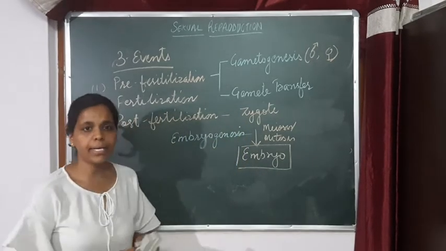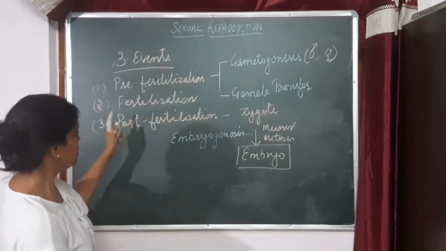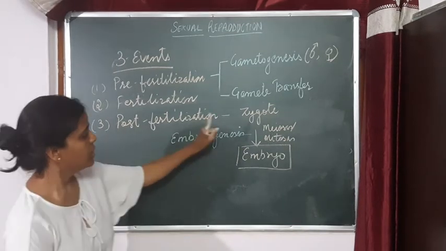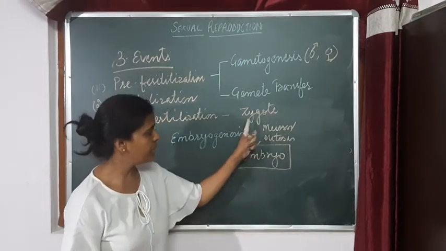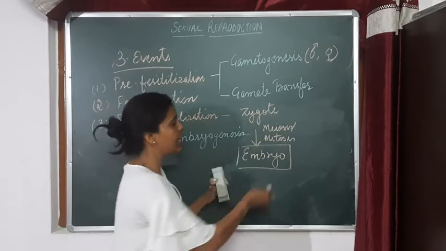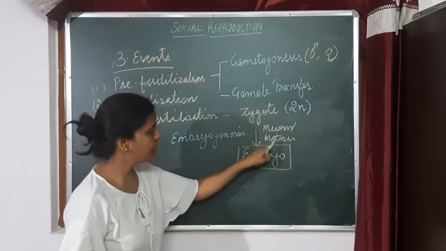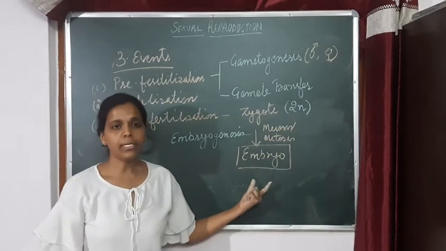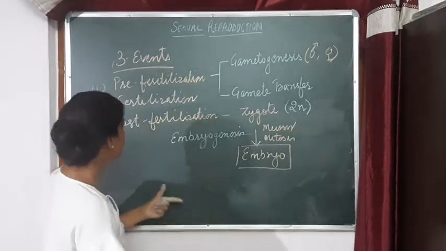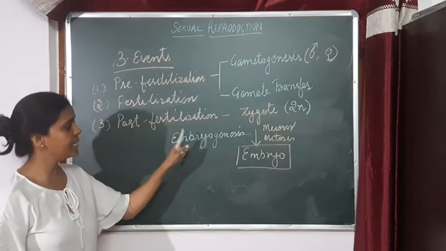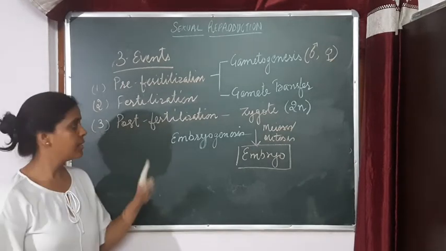What is this called? Embryogenesis. So when the zygote is formed, the zygote is diploid, 2n, and after meiosis and mitosis it results in the formation of an embryo, and this comes under the post-fertilization event.